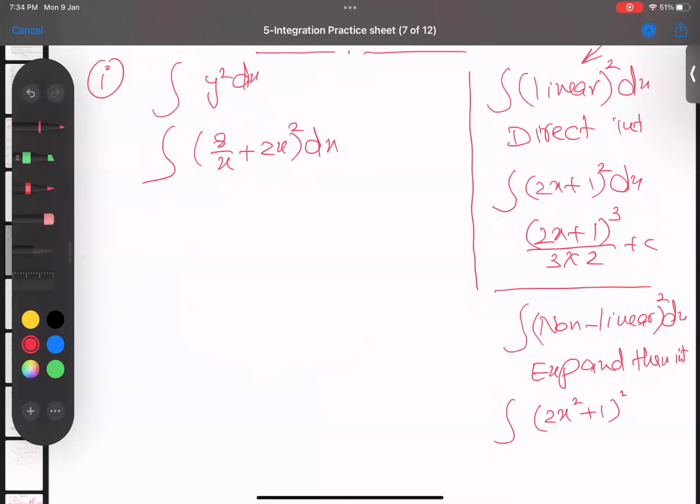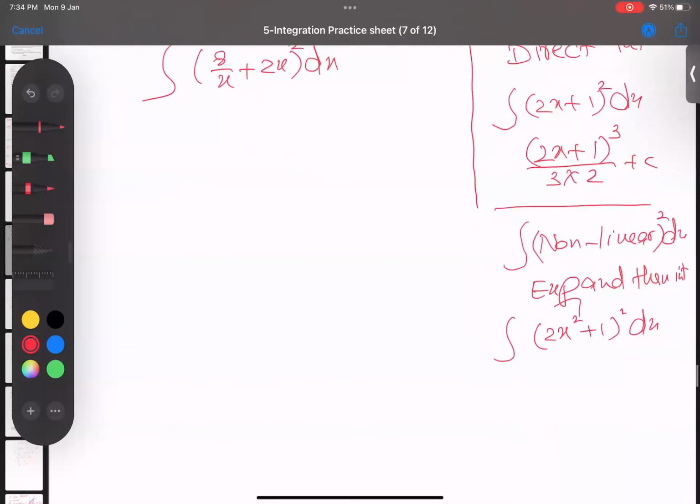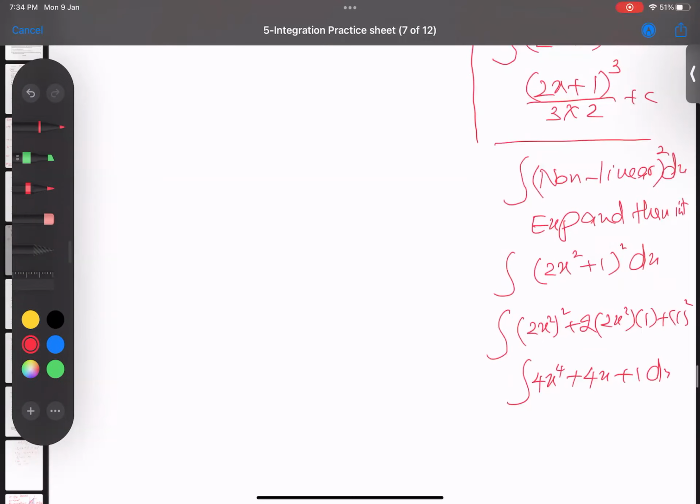This is not power 1. Power 1 is called linear. This is non-linear. I am bound to first expand: (2x squared) to power 2 plus 2 into 2x squared and 1 plus 1 squared. After this, I will simplify and now I'm eligible to integrate it. Simply increase the power by 1 divided by the same, and same story here. That's it. It's an extra example for your knowledge.